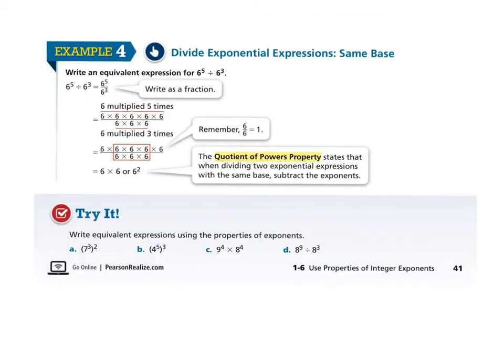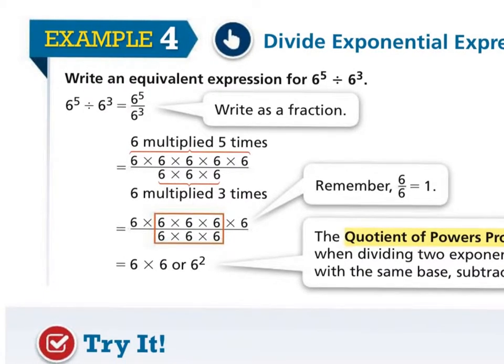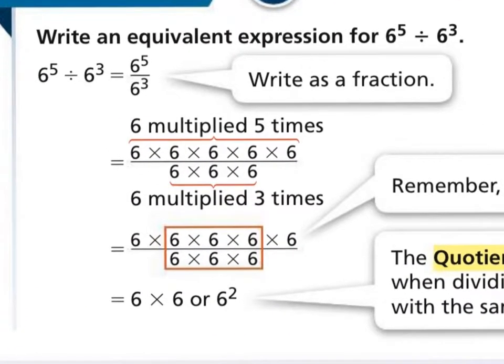Look at example 4. Write an equivalent expression for 6 to the 5th divided by 6 to the 3rd. They've got it written sideways. We can write it as a fraction. Means the same thing. 6 to the 5th power means 6 times 6 times 6 times 6 times 6. 6 cubed. We've got 3 factors of 6. And then basically, since these are being multiplied, we could actually reduce like factors.